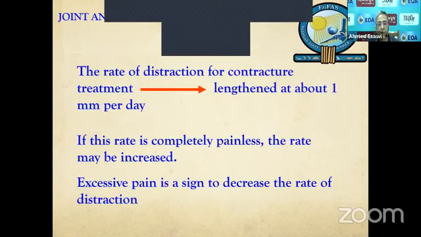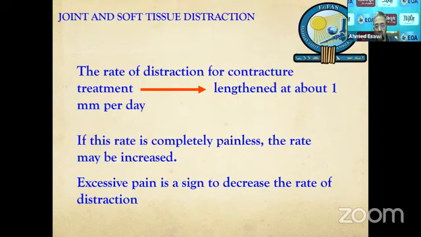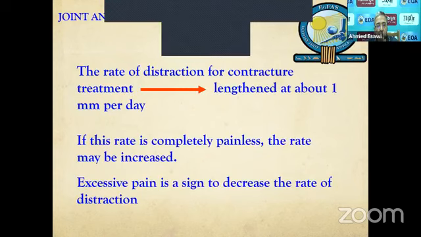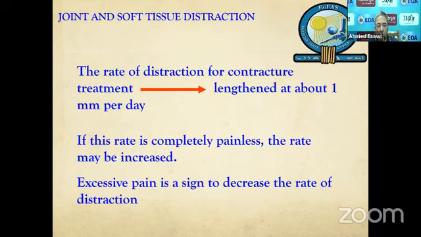The rate of distraction is usually 1 millimeter per day, at 0.25 millimeters every 6 hours. The distraction can begin immediately after application of the frame.